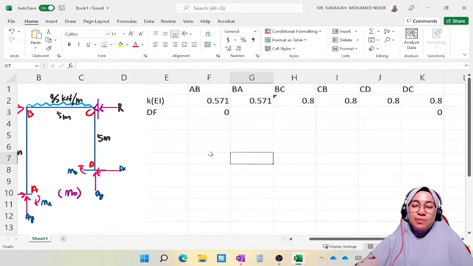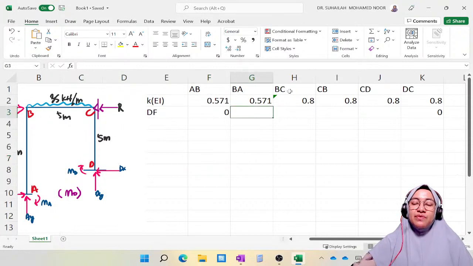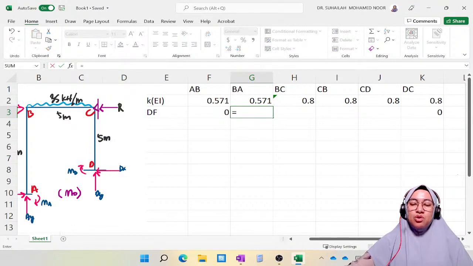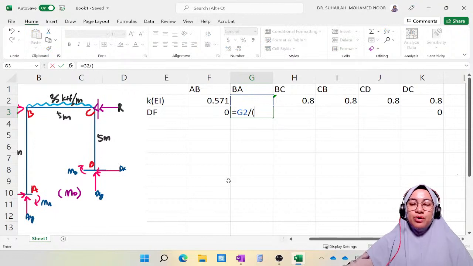If we have BA and BC, the total must be 1. If we have BA, BC, BD, the total also must be 1. So the distribution factor for BA is 0.571 divided by 0.571 plus 0.8.